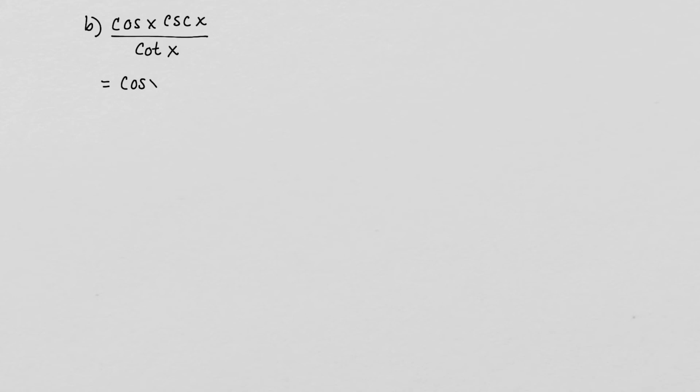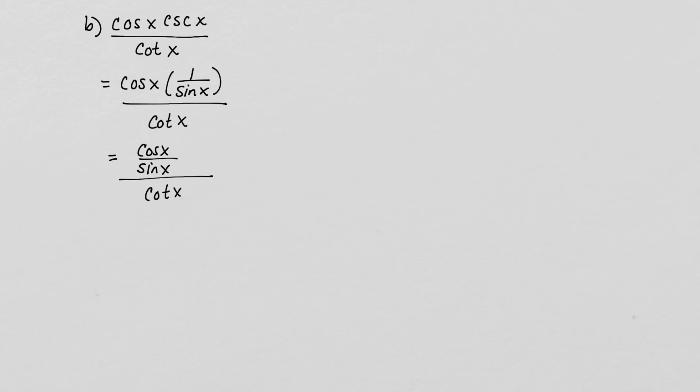So cosecant of x, remember, is 1 over sine x. And that's all over cotangent x. And then on the top, I have cosine x over sine x. And on the bottom, I have cotangent of x. But remember, cosine over sine happens to actually be cotangent of x. So I have cotangent of x divided by cotangent of x. So this one also is 1. The answer to every single one of these problems is not 1.